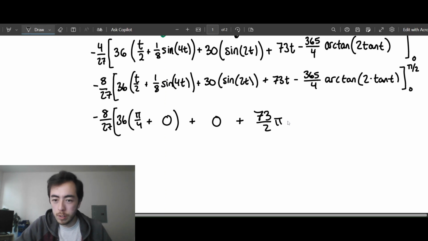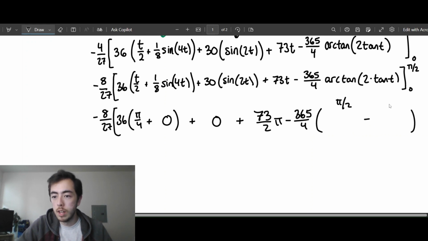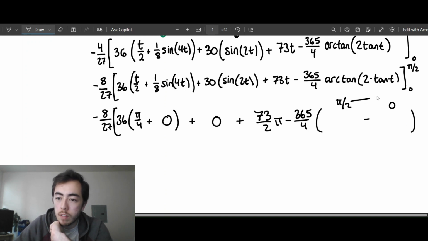Okay, time for seemingly the hardest one. I'll keep the fraction on the outside, and then I'll think about what happens when I plug in pi over 2 and when I plug in 0. So when I do plug in the pi over 2, that is where I'm going to get an undefined value for tangent of t.